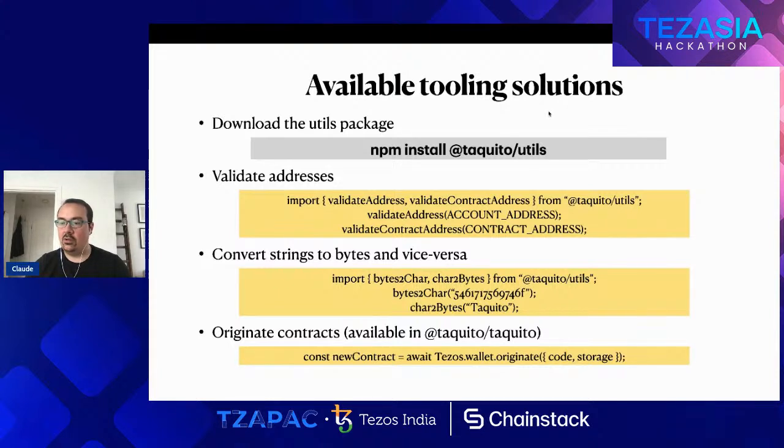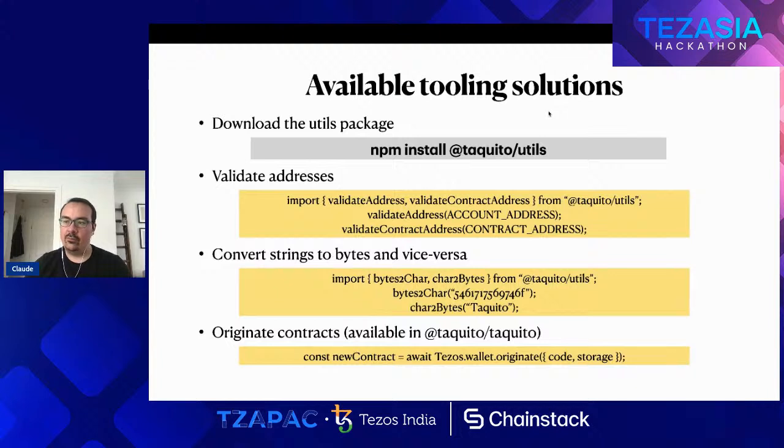It can be very useful if you interact with an FA2 contract, where some big maps have bytes as key and also bytes as values. So instead of going on Stack Overflow and trying to find your own solution to convert strings into bytes with JavaScript, you can just use those two methods that Taquito provides to easily convert strings to bytes and bytes to strings, and then use them as parameters, for example, for a contract call or to get some value from a big map.